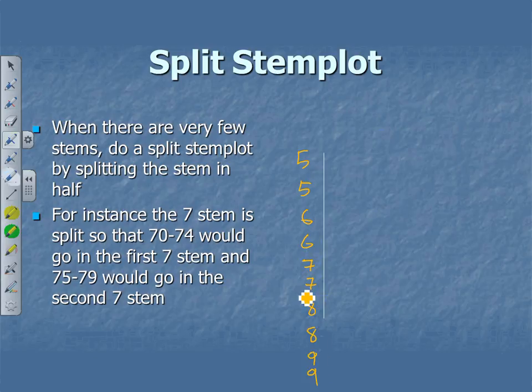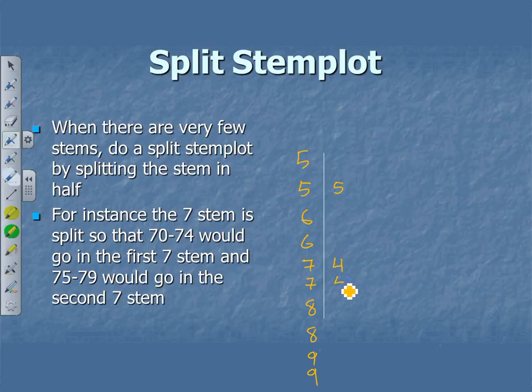And you guys could create your split stem plot using those quiz grades from before. We know we had a 55. Well, that would go in the second 5. We know we didn't have any 60s, so we would skip both 60s. What was the next data piece that we had? 74, so 70 through 74.